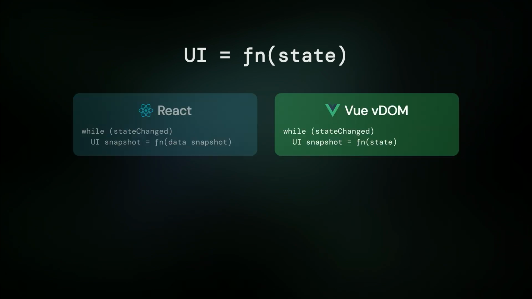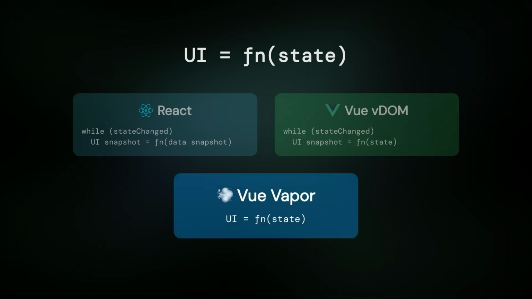In contrast, Vue VDOM operates a bit differently. The UI is still a snapshot, but the state is reactive. When Vue detects a change in the state, it reruns the render function to generate a new UI snapshot, which is somewhat similar to React. However, in Vue Vapor, neither the state nor the UI is a snapshot anymore. Instead, the render function runs only once, which means there is only one UI object.